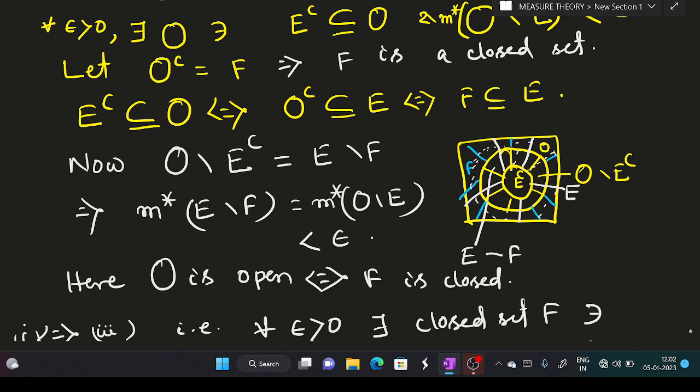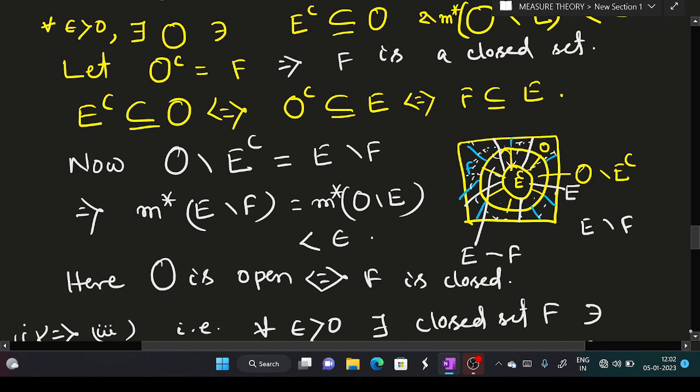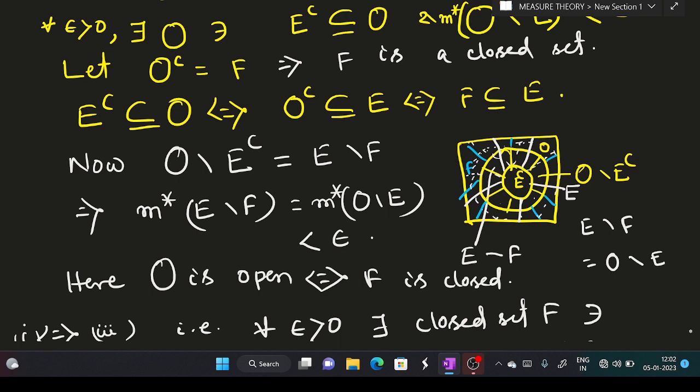From E complement onwards, the outer side, everything is my E. So what about E difference F? Observe, E difference F is nothing but O difference E complement. This is our observation. We will go for our result now.